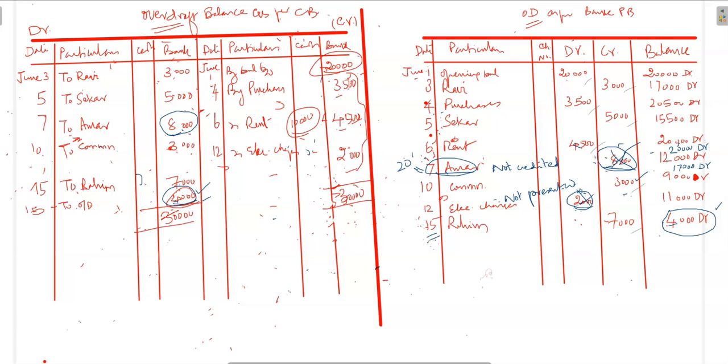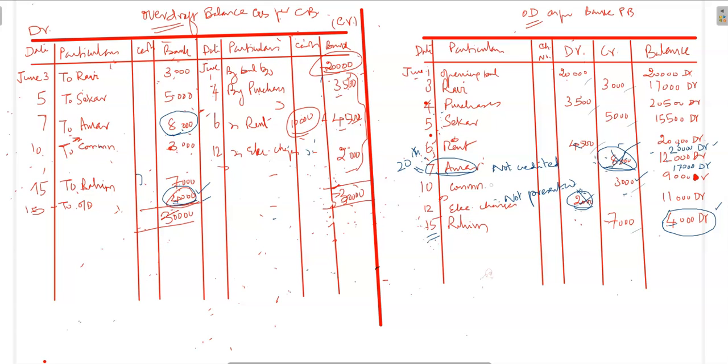So this 8,000 rupees check, what we have taken as receipt here, was not credited on 7th, but it was credited on 20th. So when this 8,000 is not there, your OD balance will remain the same. So the OD balance of 6th June will be the same for 7th June, which is nothing but 20,000 rupees debit balance on 7th.